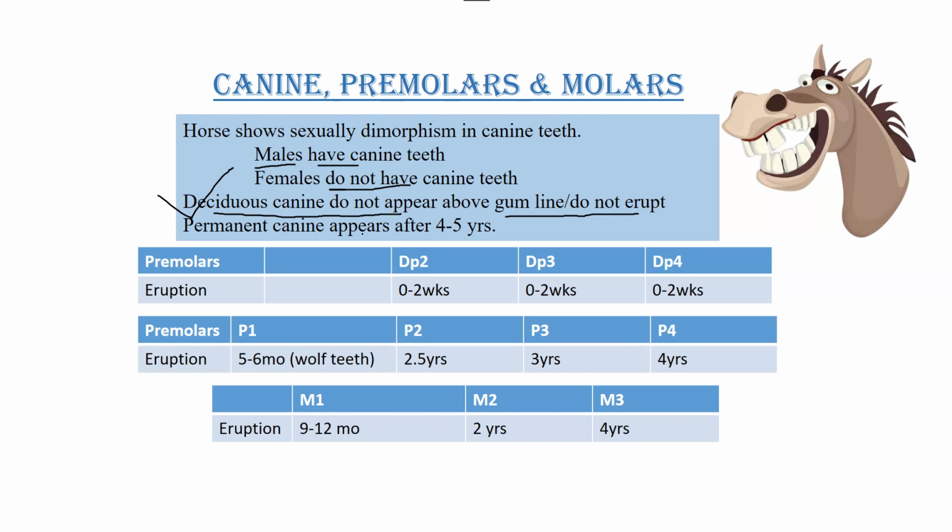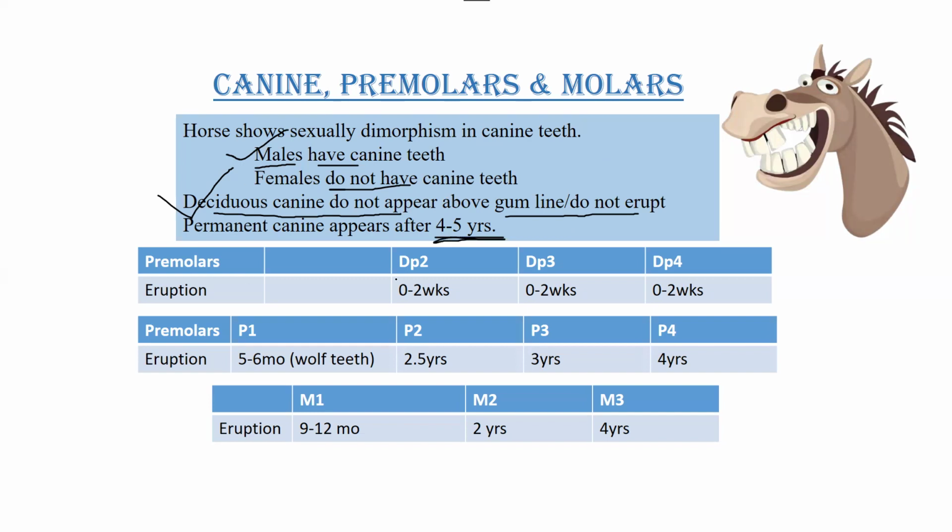That is canine teeth, because deciduous canine teeth do not erupt above the gum line. They do have permanent canine teeth in males, not in females, but you can say in general they have. But deciduous canine teeth, they do not appear. Permanent canine teeth appear at 4 to 5 years of age.